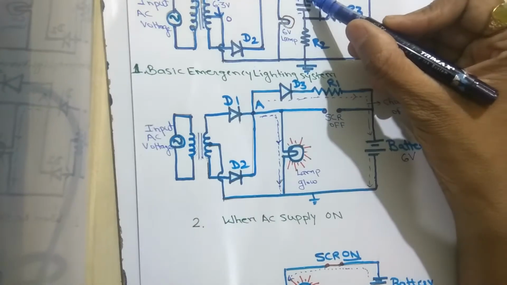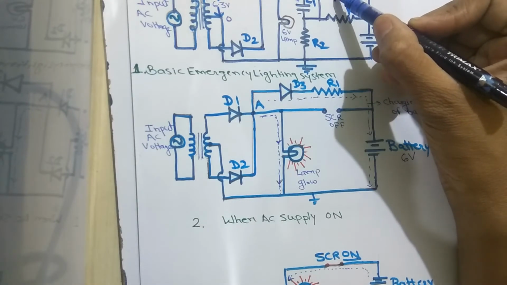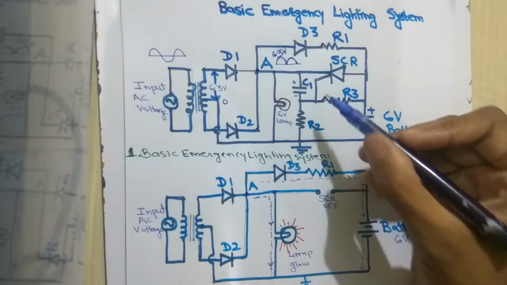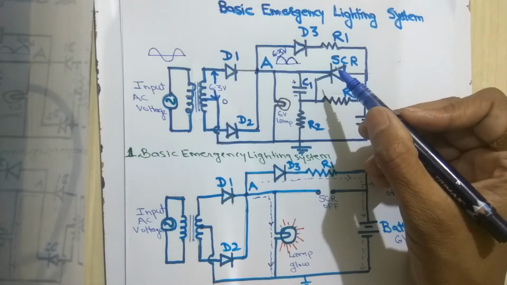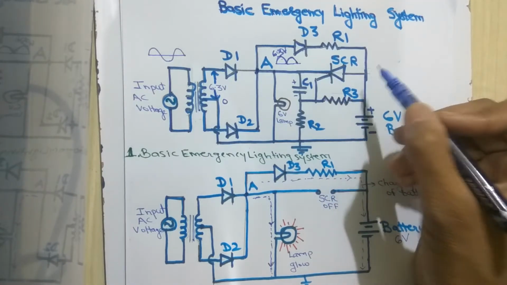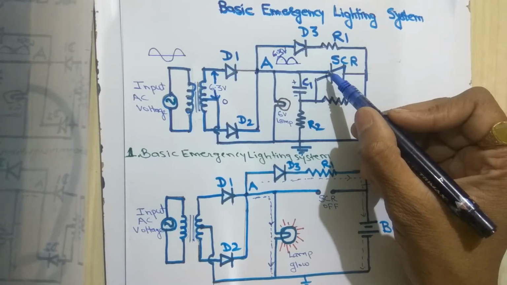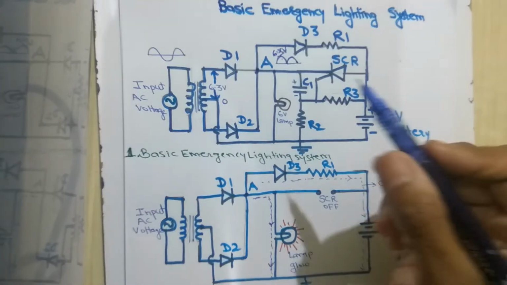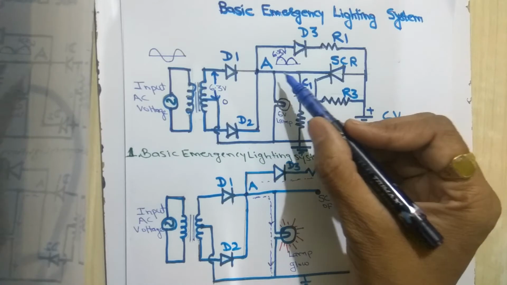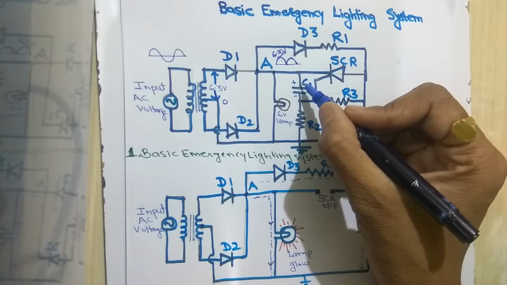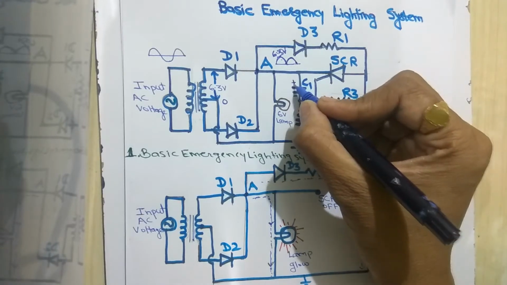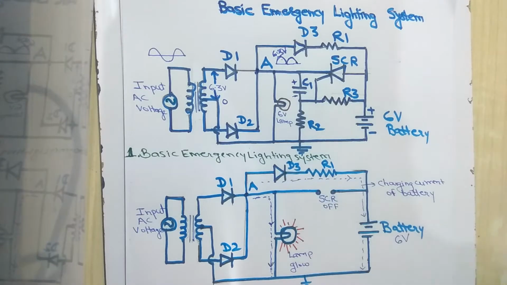Voltage at terminal A, which is connected directly to the cathode of the SCR, is a higher voltage than the anode voltage. The cathode voltage is 6.3 volts, and because of this, terminal A has the maximum amplitude of the voltage. Capacitor C1 is charged with the upper plate positive and the lower plate negative.